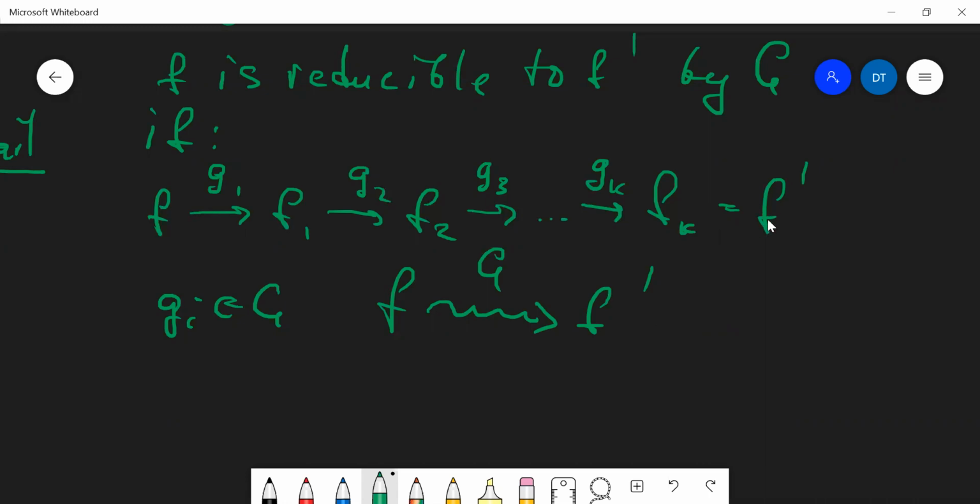So the result will be an irreducible, non-reducible polynomial with respect to G. And what is unclear here is, is it possible that every such procedure leads to a non-reducible polynomial after a finite amount of steps? Or probably there is an infinite sequence of reductions. So the first problem to address is to prove that every sequence of elementary reductions stabilizes. So there is no infinite sequence of elementary reductions. That's the first problem.